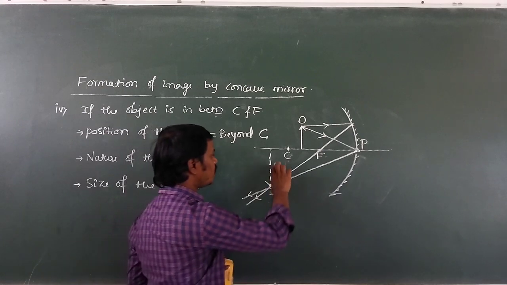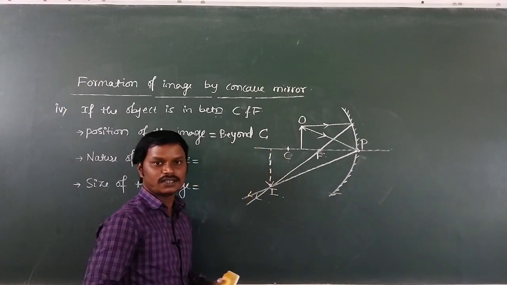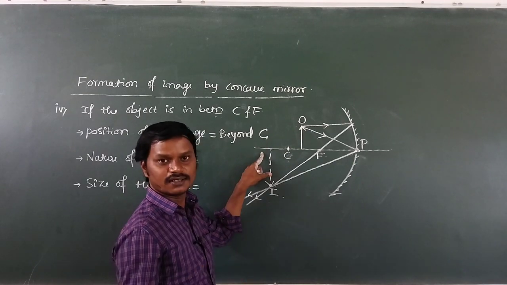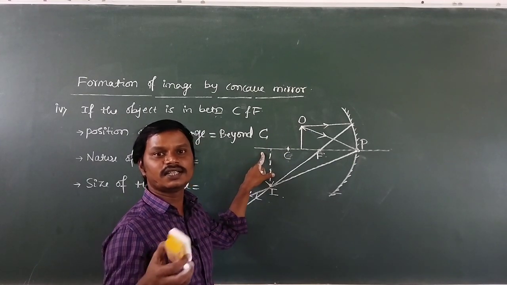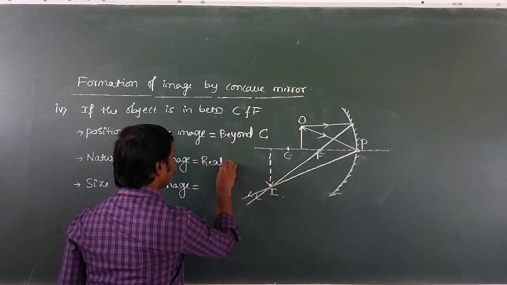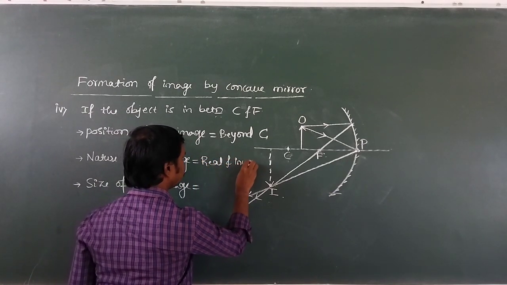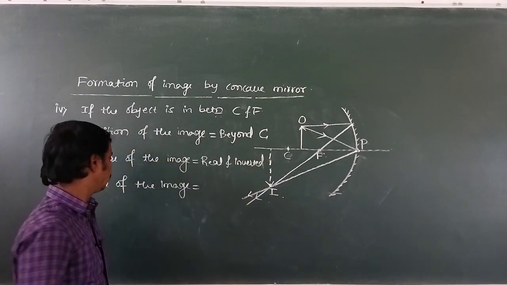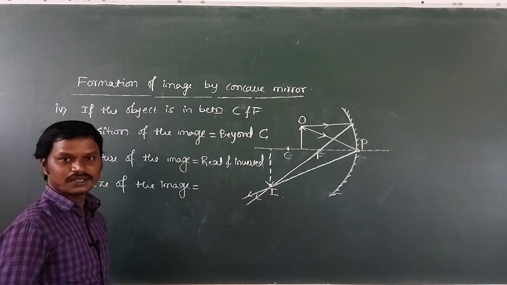The nature of the image is real and inverted, because here the object is upside but its image is downside. Hence the image is said to be real and inverted.